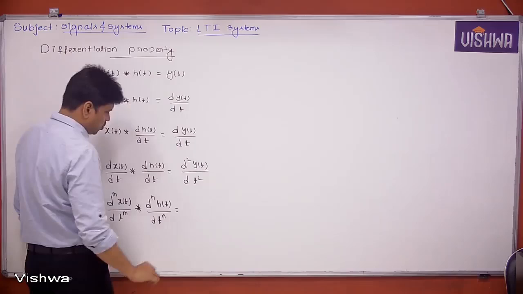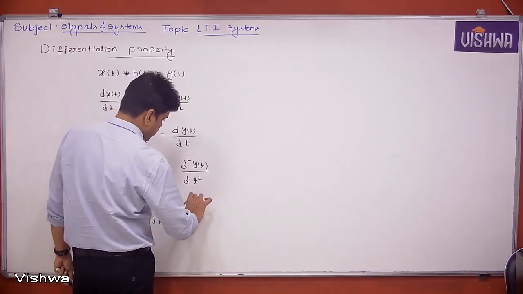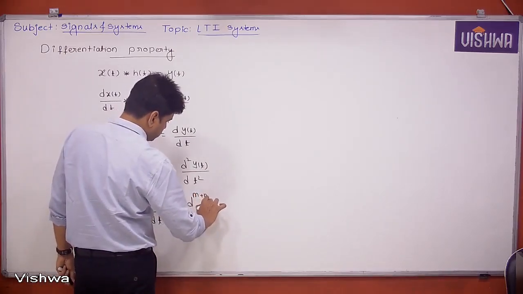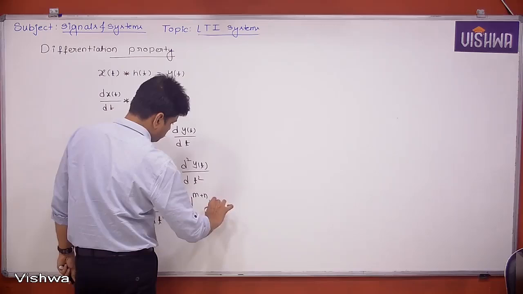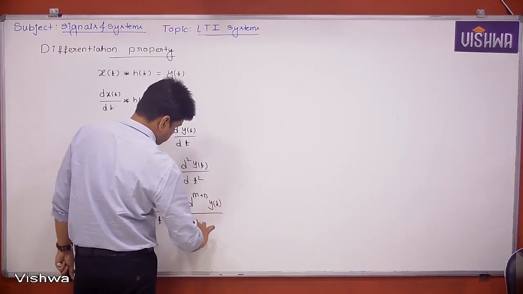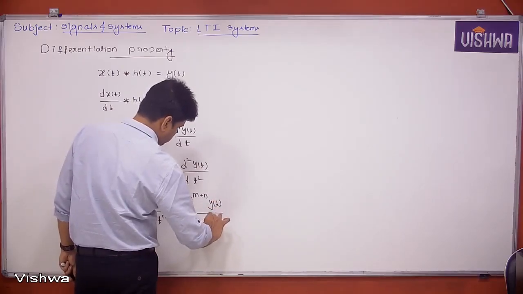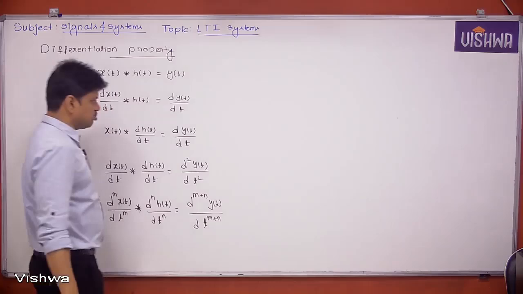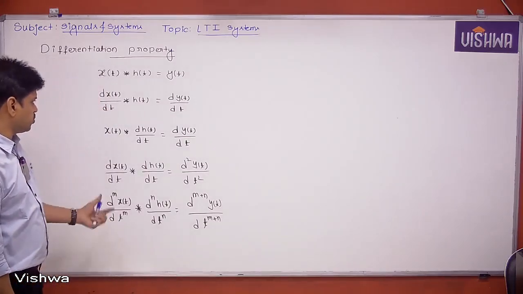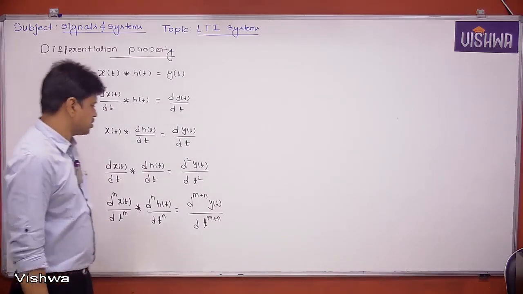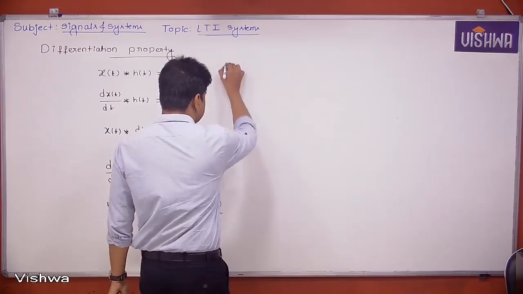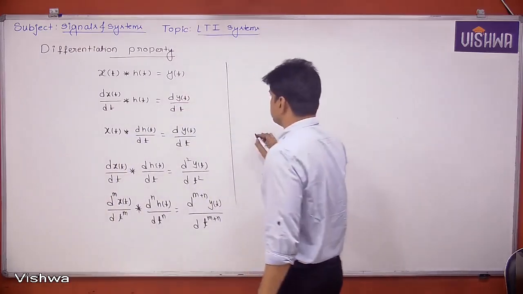This is going to give you d power m plus n y of t by dt power m plus n. That's the result we are going to get. Understood? Take it.